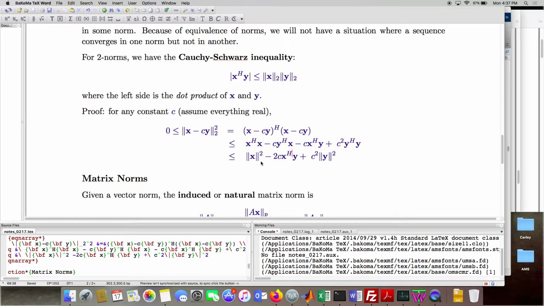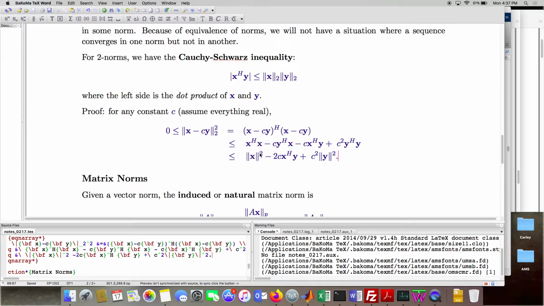Now, the thing is, here I have an expression that is quadratic in C, but the whole thing is non-negative.